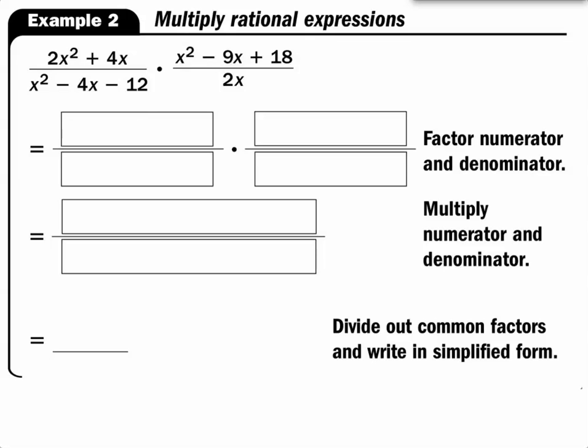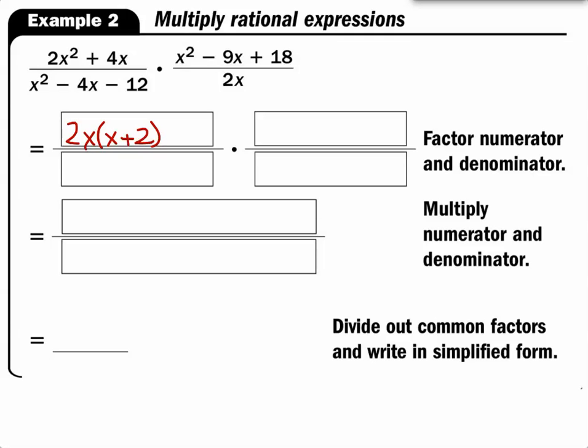You have this rational expression that's multiplied, fractions of polynomials. So, first of all, you're just so much better off if you factor. The numerator of the first one has a common 2x that can factor out, leaving us with x plus 2.